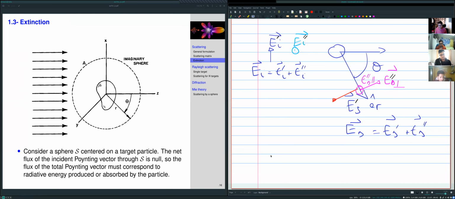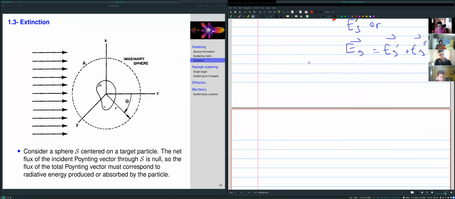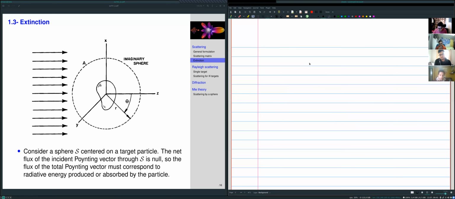You have to bear in mind, let me write it down here so you remember this: S2 is the sum of... maybe E2 is the sum of E incident plus E scattered. And so that led to a Poynting vector which was the sum of the incident, the scattered one, and the cross term.